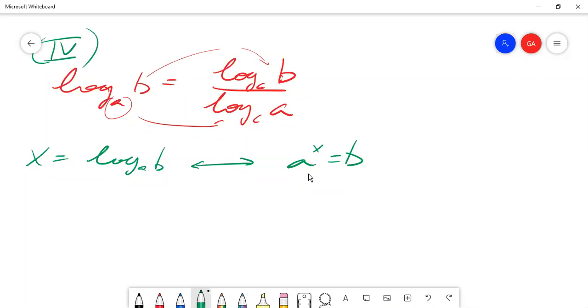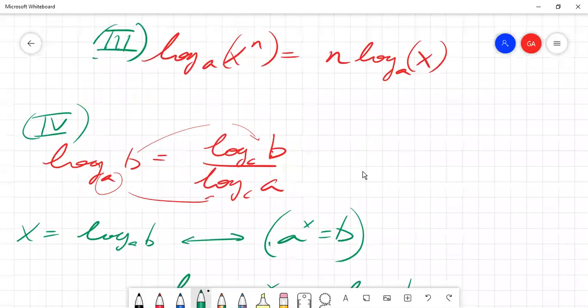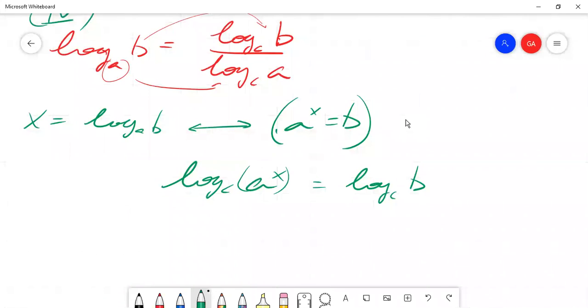What I'll do is take log base c of both sides here, log base c of b. But we know from property 3, right, this property, that this thing is just x times log base c of a, right?